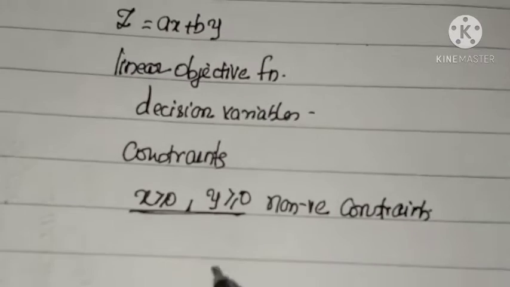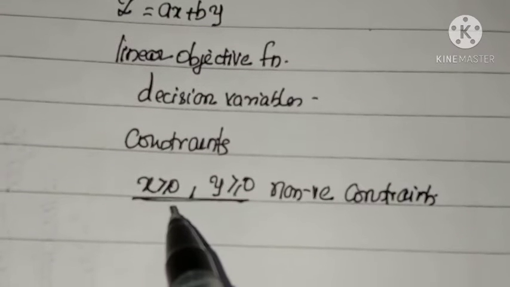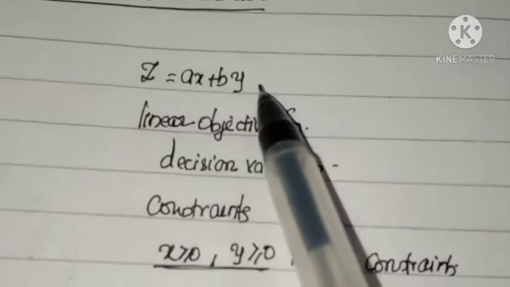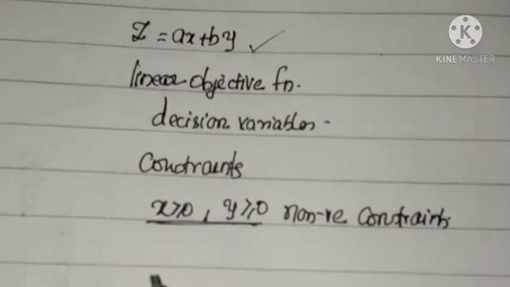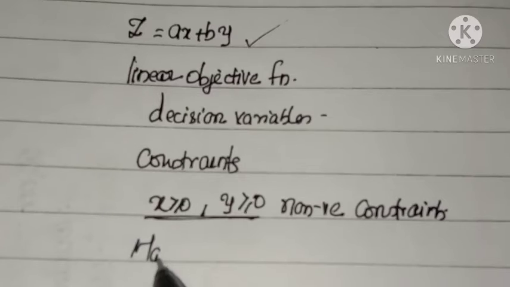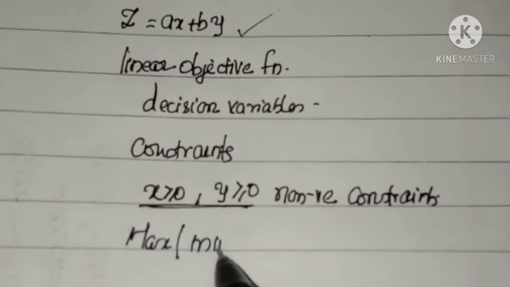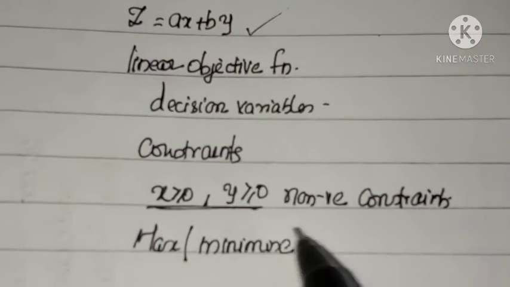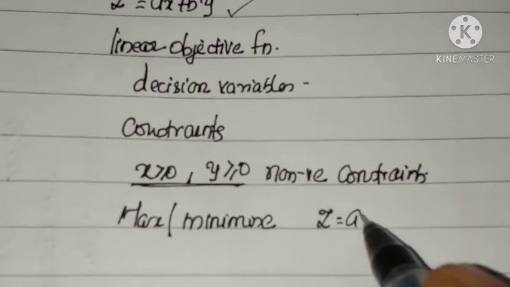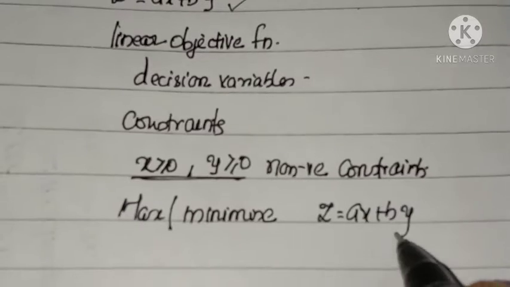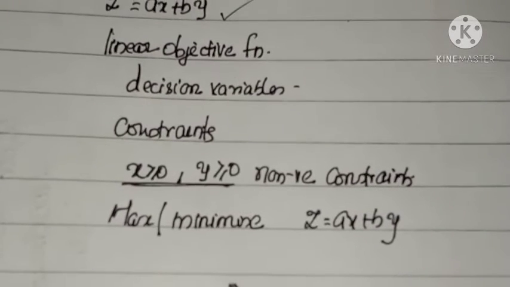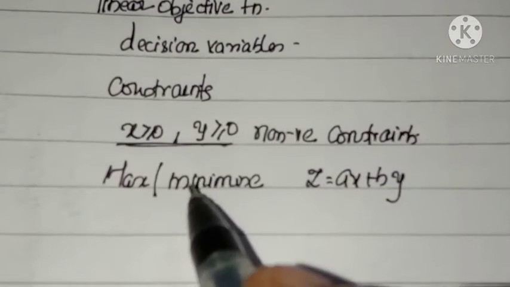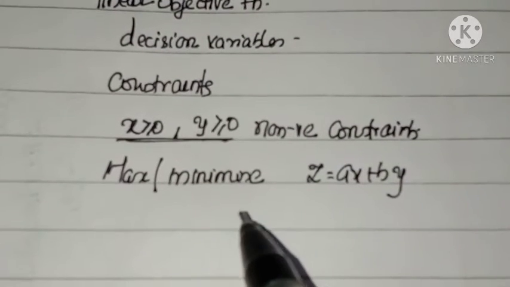Now listen, suppose a problem seeks to maximize or minimize a linear function z equal to ax plus by. Either maximize or minimize. Okay. Either maximize or minimize a linear function z equal to ax plus by subject to certain constraints as determined by a set of linear inequalities only.